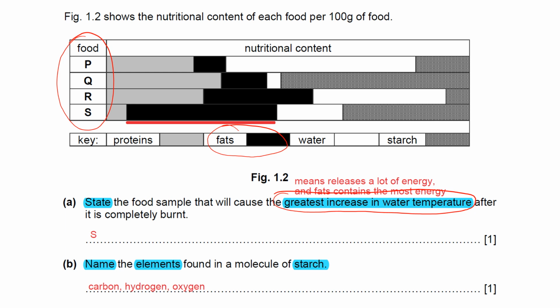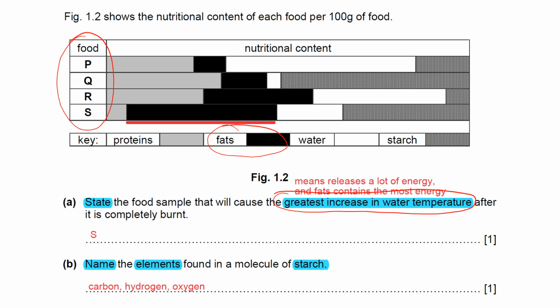So fats contains the highest energy. When I burn a food and the food releases a lot of heat, it means that the food has a lot of fats. Does it have a lot of starch and proteins? Of course, but fats is the one that will show the greatest increase in temperature because it's heat energy.